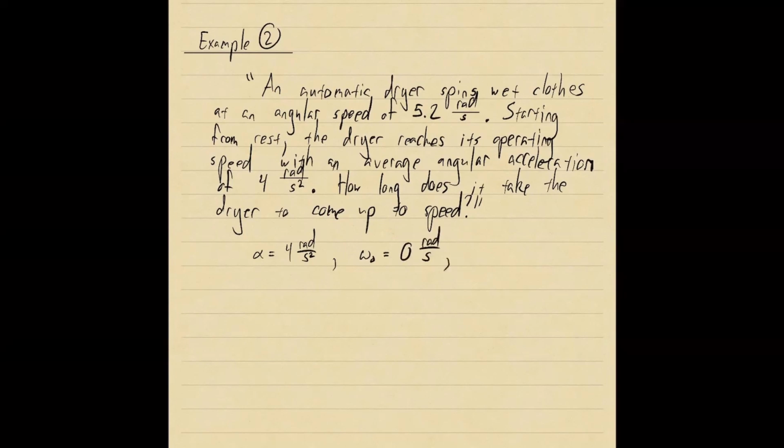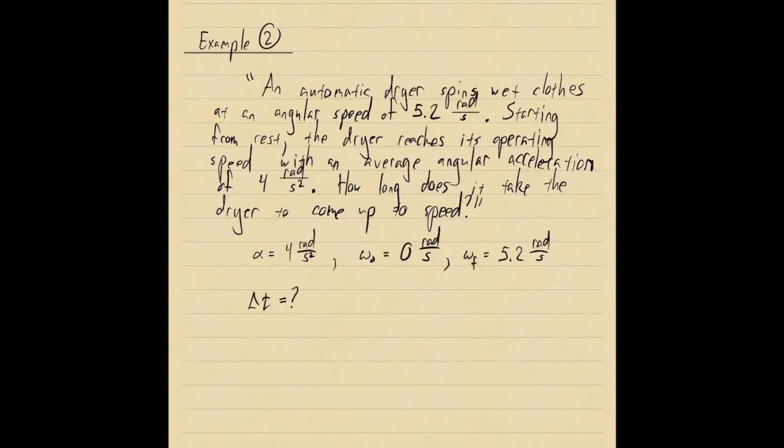And then the final angular velocity is 5.2 radians per second. And it's asking for the time it takes for the dryer to reach that final speed.